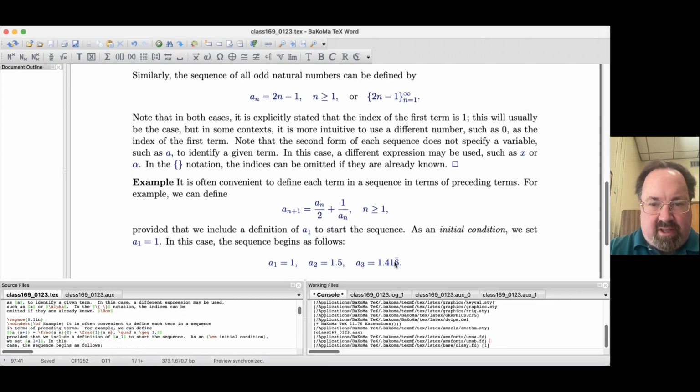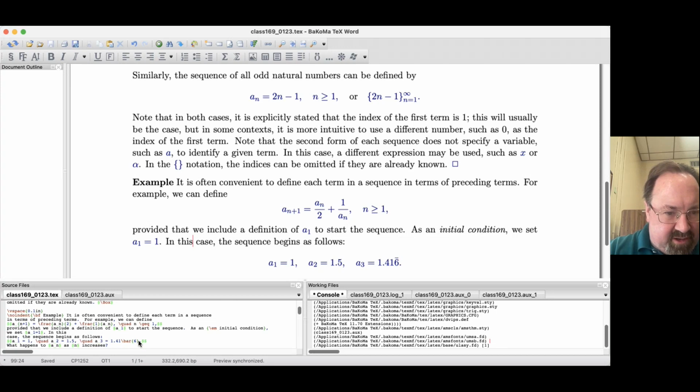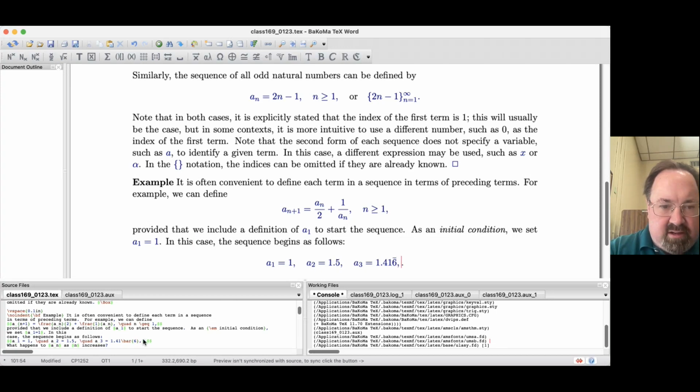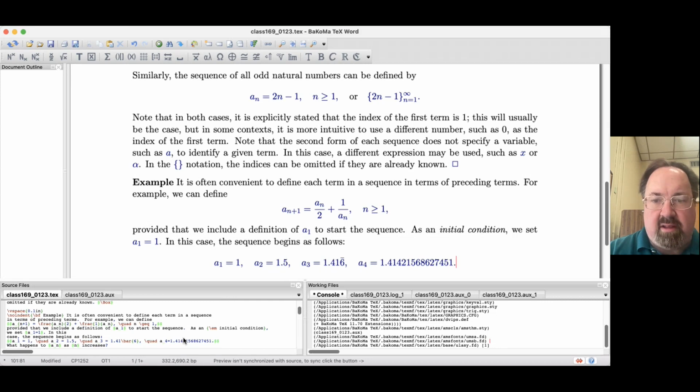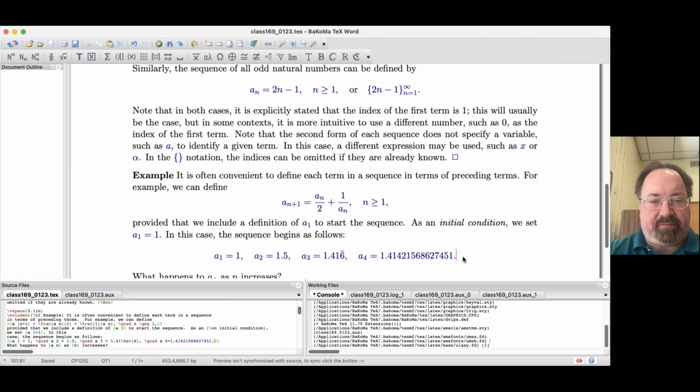Okay, so the first several decimal places. Paste that in here. Okay, this number is actually very close to the square root of 2. In fact, that's what's happening: the terms of the sequence do in fact converge to the square root of 2.